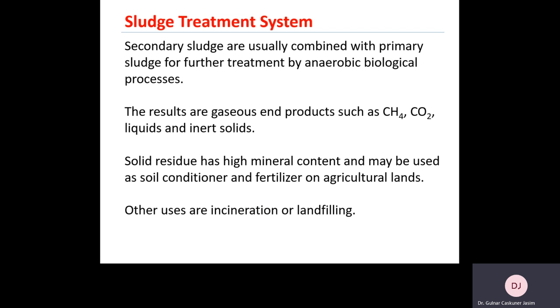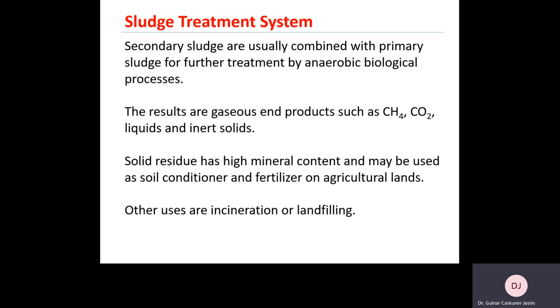Another important treatment system is the sludge treatment system. Secondary sludge is usually combined with the primary sludge for further treatment, and usually anaerobic biological processes are used in the sludge treatment. The results are gaseous end products such as methane and carbon dioxide, and liquid and some inert solids.